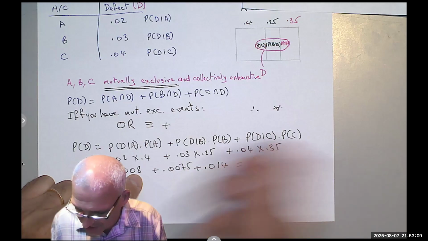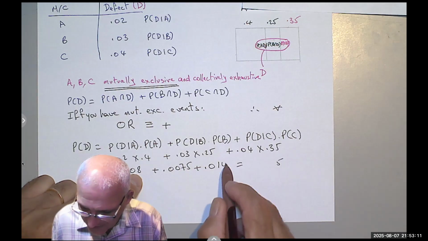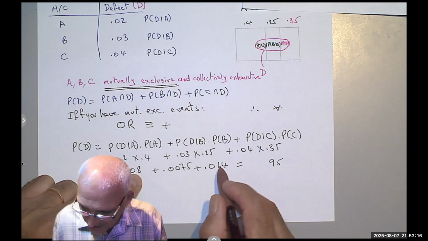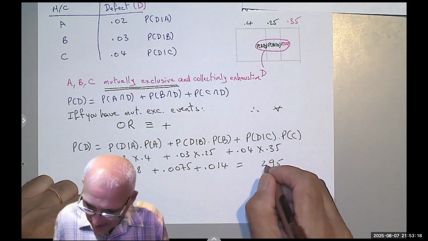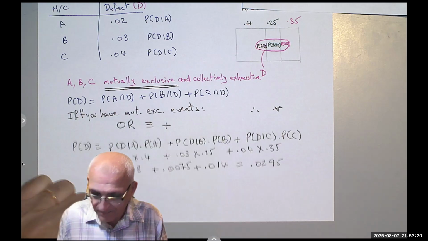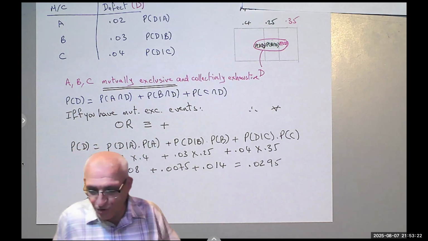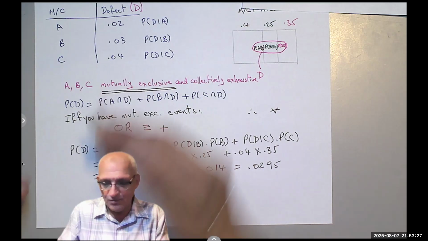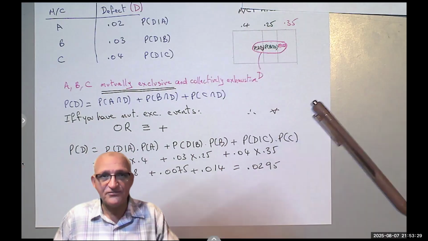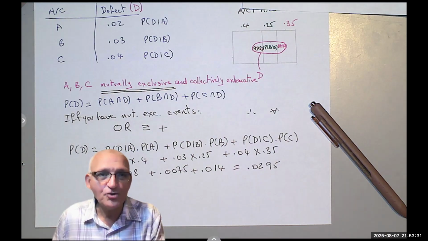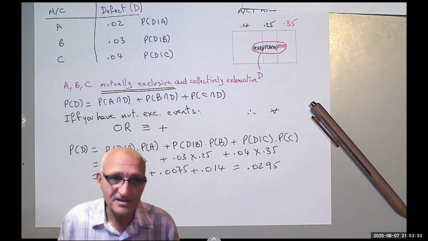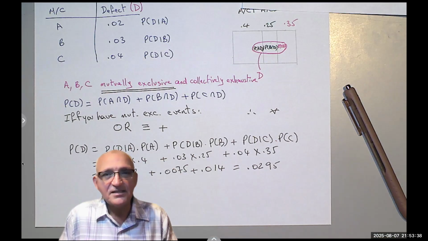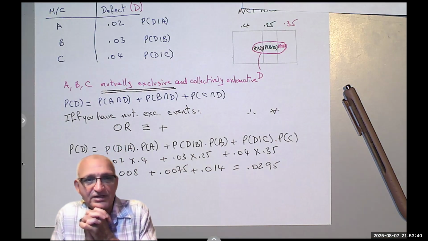This is like 4 digits, so let's write the 5, and then 4 and 7, 11, 8, 19, carry over 1, and 1 is 2, and then zeros, 0.0295, almost 0.003. We know it has to be between these two numbers. If you get something below 0.02 or above 0.04, you did it wrong. So it's roughly 3% defective rate.